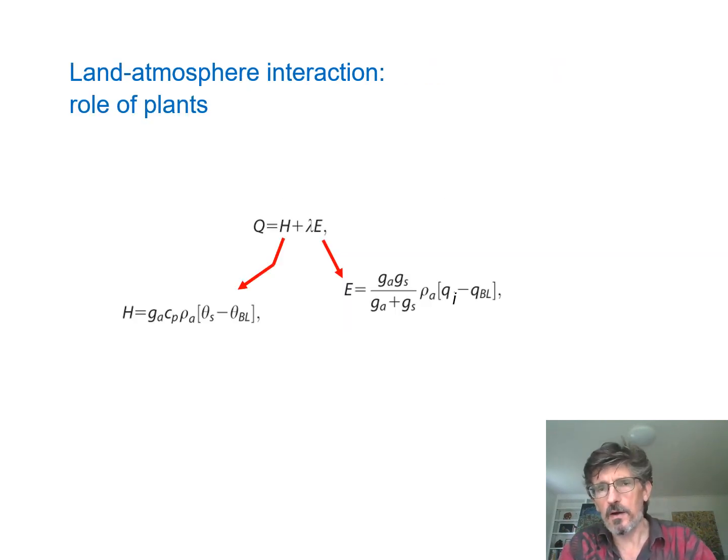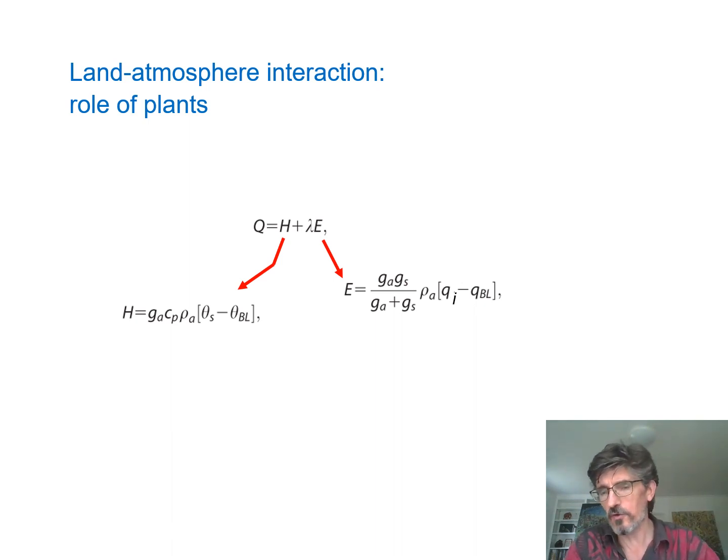So altogether, these equations have to be coupled to the lower boundary, which gives the fluxes, as we saw, of latent heat and sensible heat, and those are in turn related to the surface energy balance and the soil-plant-atmosphere continuum. So we can see here the role that the soil-plant system has on the meteorology, on the atmospheric boundary layer.